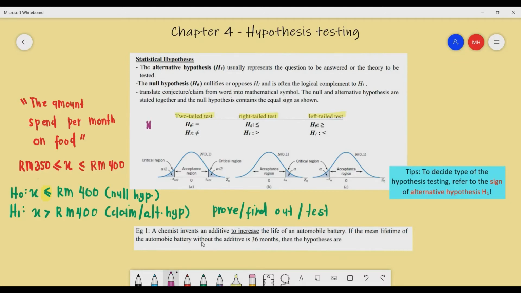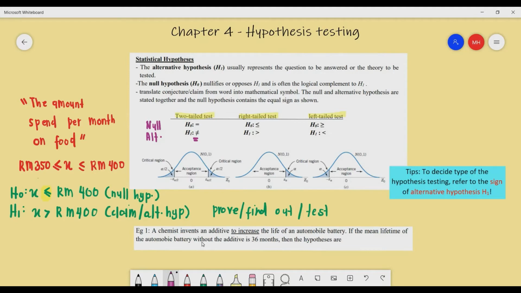H0 is the null, and H1 is the claim or alternative hypothesis. So look at the H1 here. For a two-tailed test, look at the alternative sign. It is not equal, so it can be greater or lesser. That's why we call it a two-tailed test. We look at the alternative hypothesis.